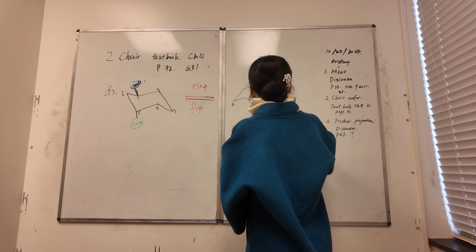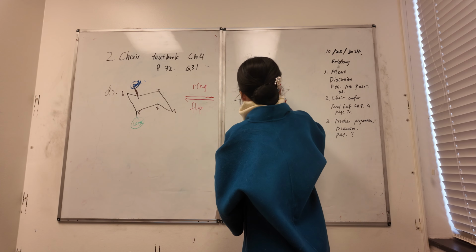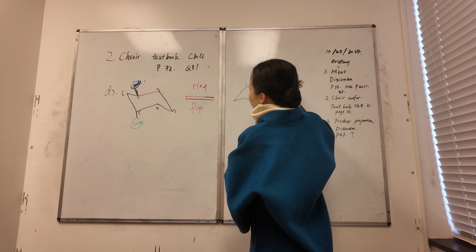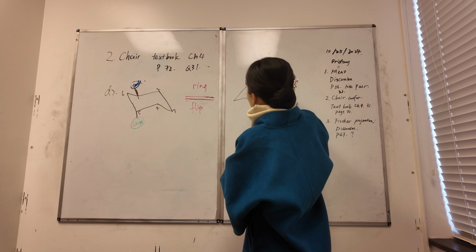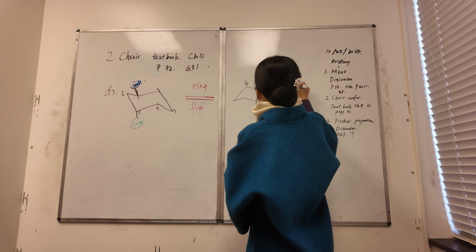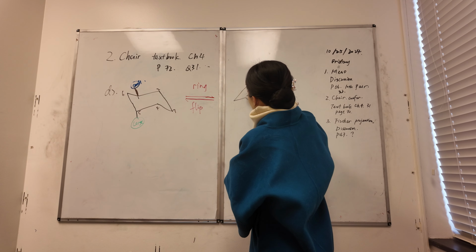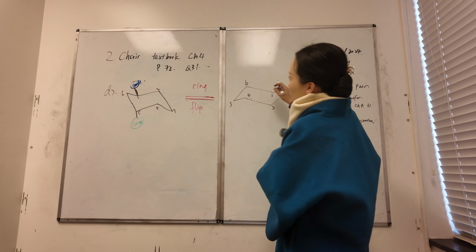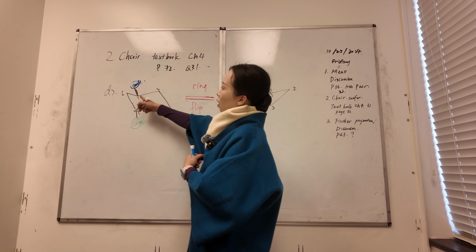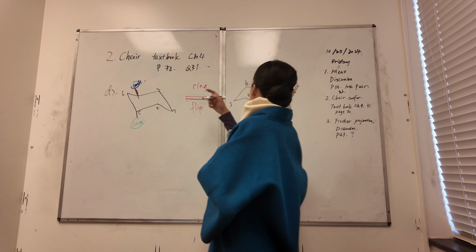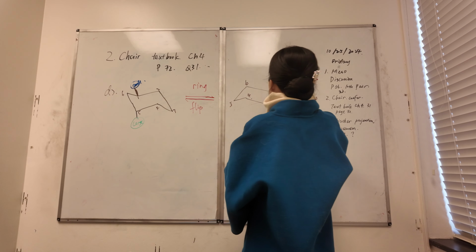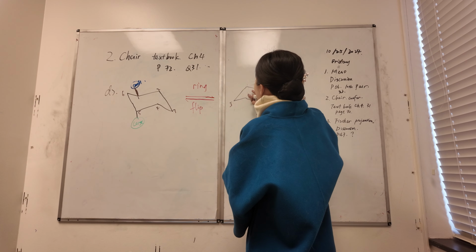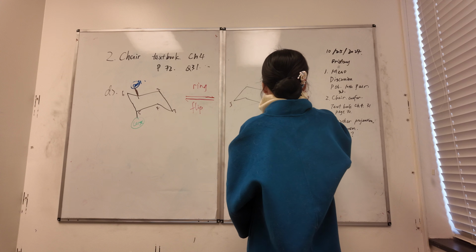So this is my carbon number 6 now: 6, 1, 2, 3, 4, 5. My number 1 should still be pointing up. No, the previous one was correct. I'm so sorry.